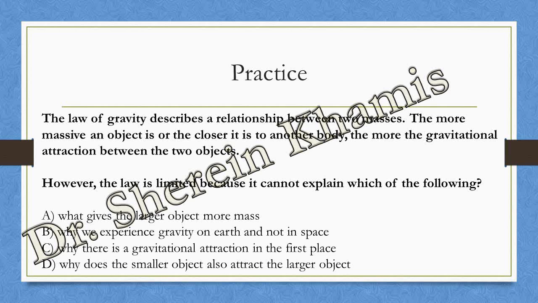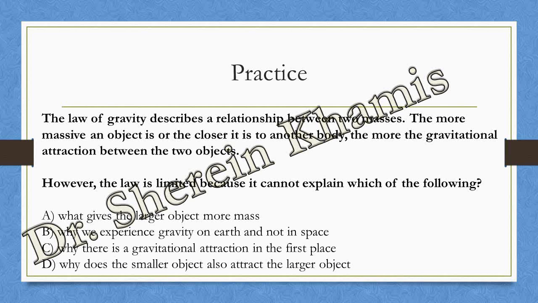So the law is limited, it depends on the fact of the mass of two bodies and the distance between them. But it can't explain any of the following. Okay, it can't explain which of the following?